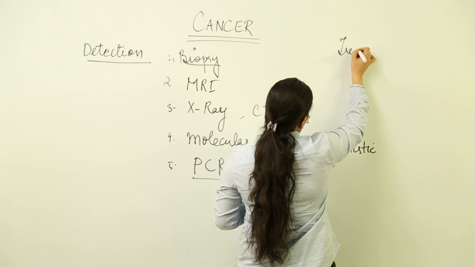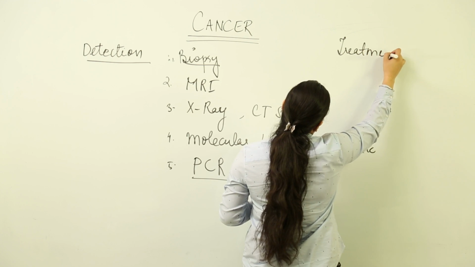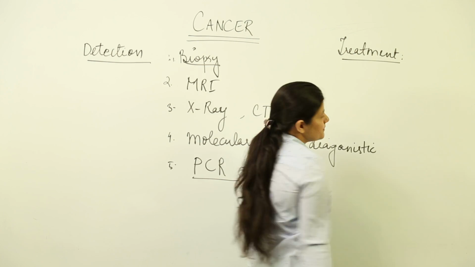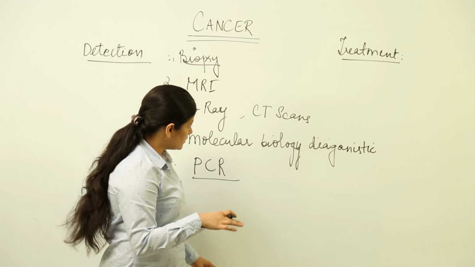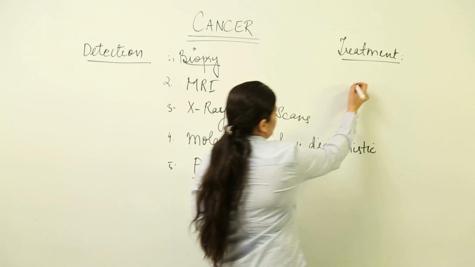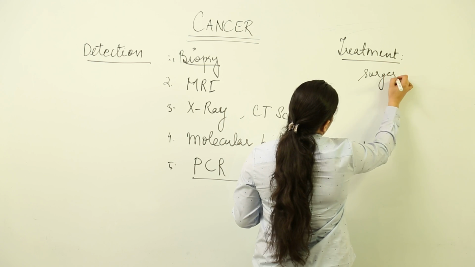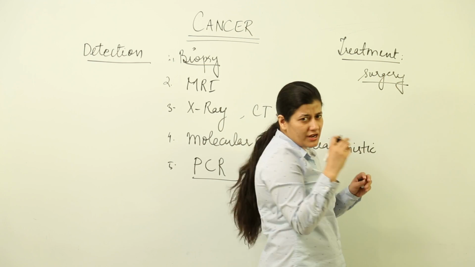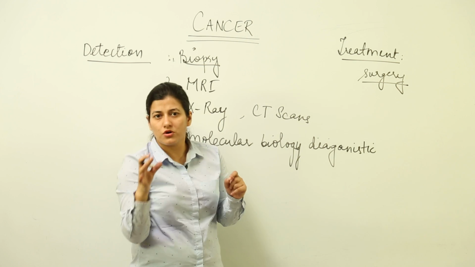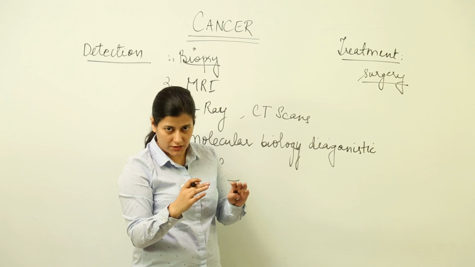We have certain lines of treatment. The simplest and the easiest, if the cancer is not that stubborn, is surgery, where you very meticulously get rid of the tumorous part, remove it if it is tumorous.